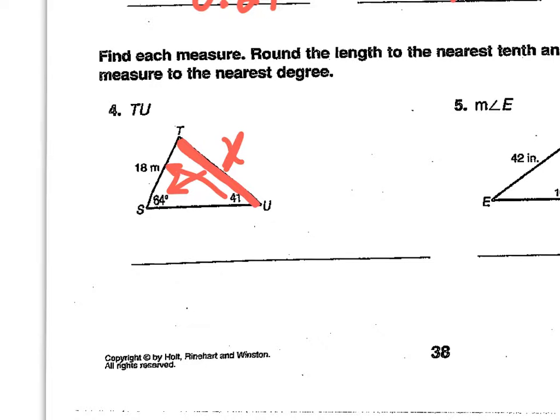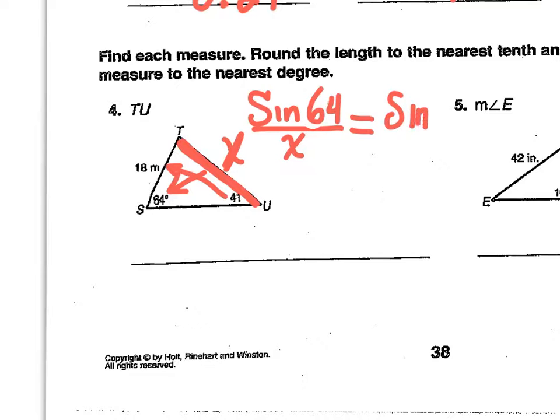So if you have an angle and the side across from it given, and another angle and the side across from it, and we're missing one of them, we can set up a proportion. Sine of 64 is to X as sine of the other angle, 41, is to 18.